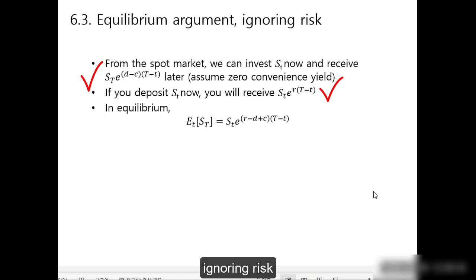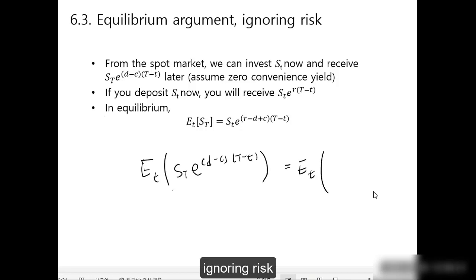And the expected value of this part would be, let me write down here. So first you will say the expected value of S_T exponential of (D minus C)(T minus t) must be identical to the expected value of S_t exponential of r(T minus t). So that's the first step.